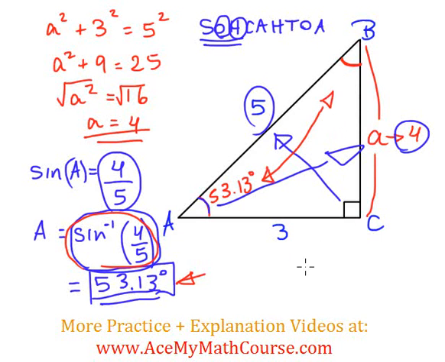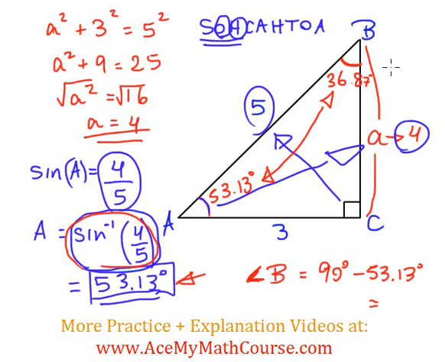So I can just say angle B is equal to 90 degrees minus 53.13 degrees. And that measures 36.87 degrees. And that's it.